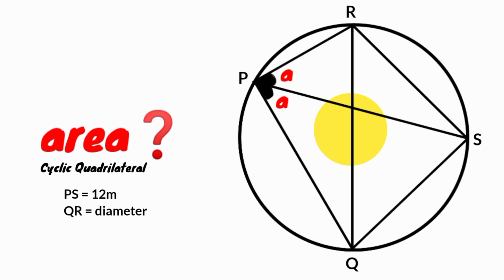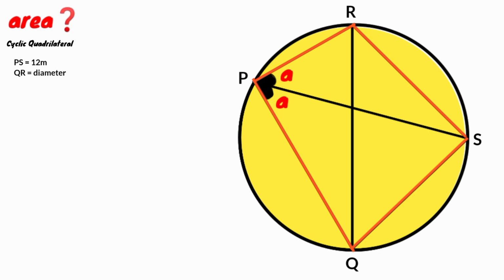With this piece of information, the question is, how can we find the area of this cyclic quadrilateral PQRS? It looks simple, but it hides a very elegant geometric relationship, and once we unlock it, the entire area falls right into our hands.